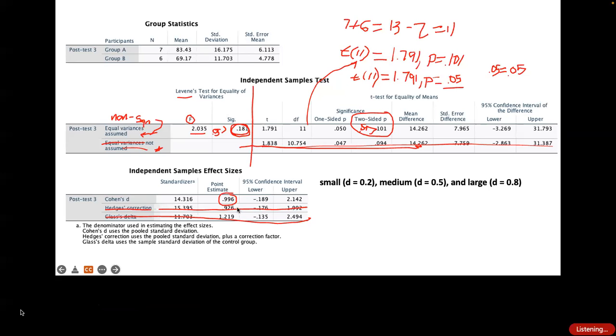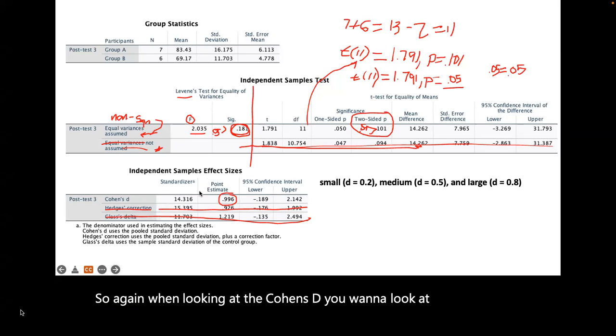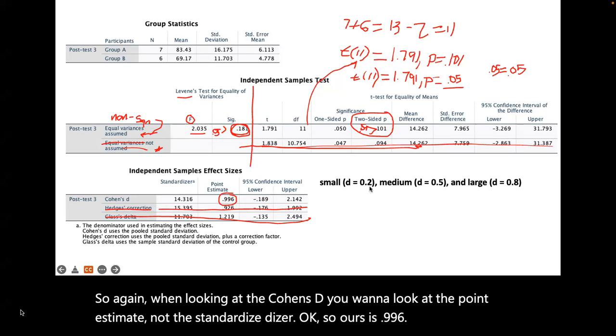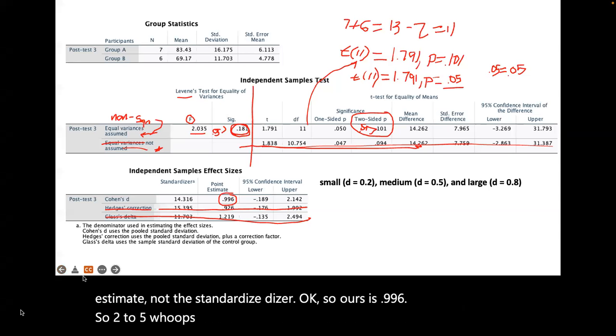So again, when looking at the Cohen's d, you want to look at the point estimate, not the standardizer. So ours is 0.996.